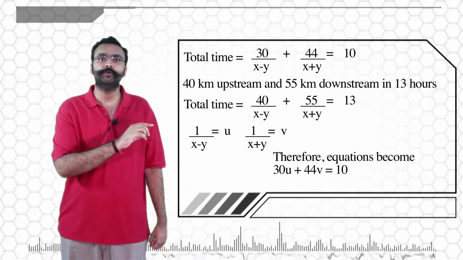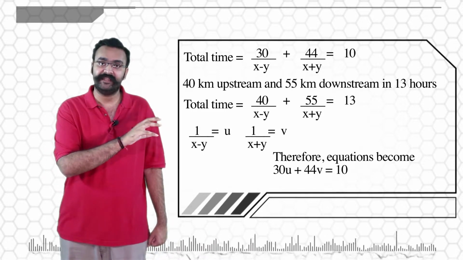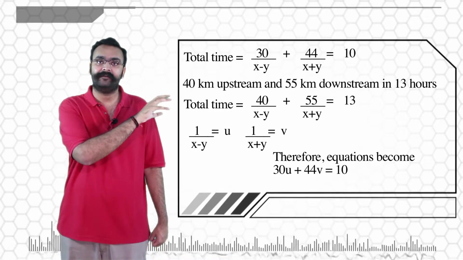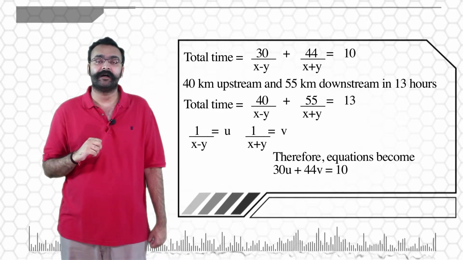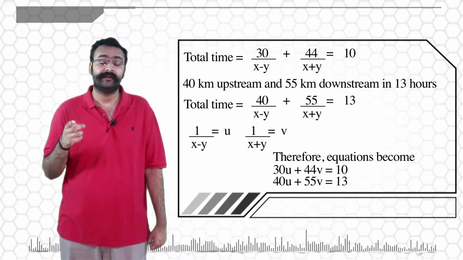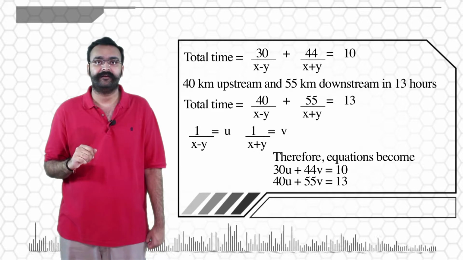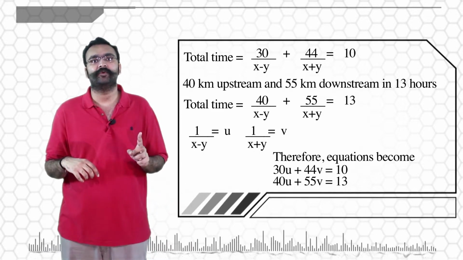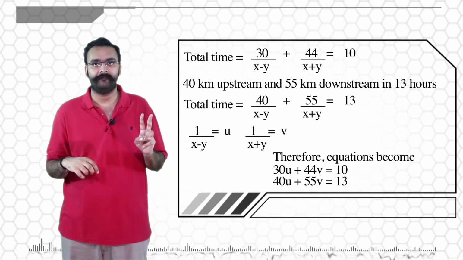So 30u plus 44v is equal to 10. And the second equation becomes 40u plus 55v is equal to 13. Now this is a linear equation in two variables.